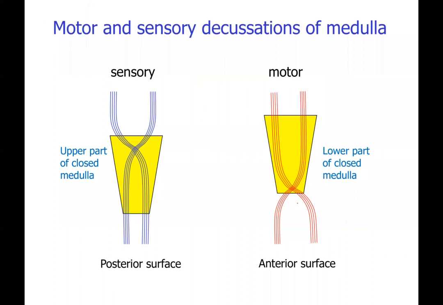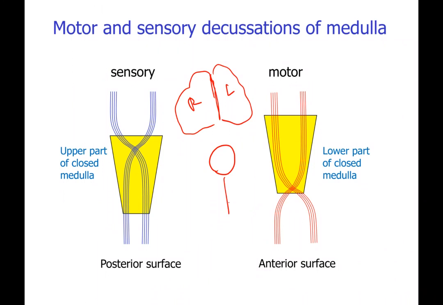Then there's another point. We know that if you take the cerebral hemispheres, if this is right and this is left, and this is the body of the person, when it comes to motor and sensory both, the right side of the brain controls the left side of the person, and the left side of the brain controls the right side of the person.